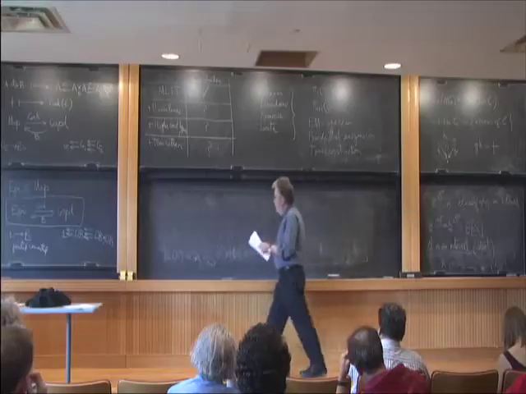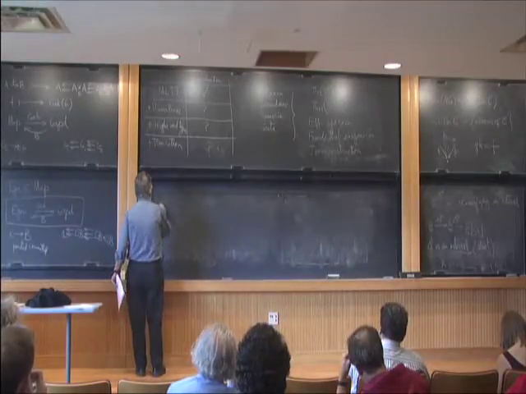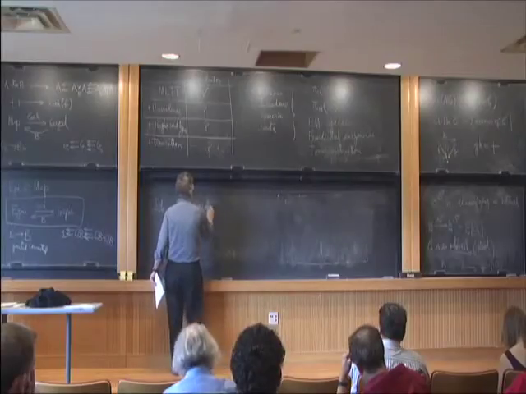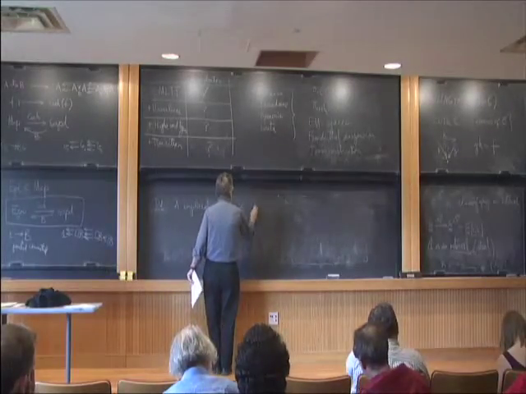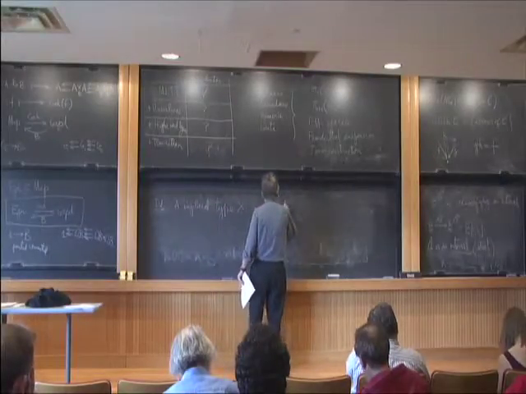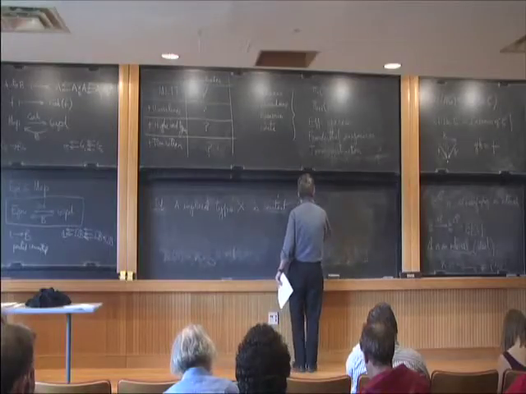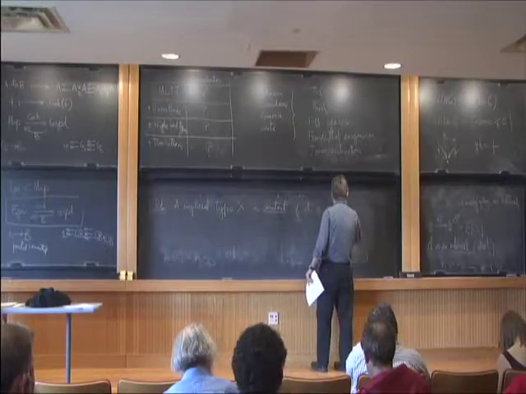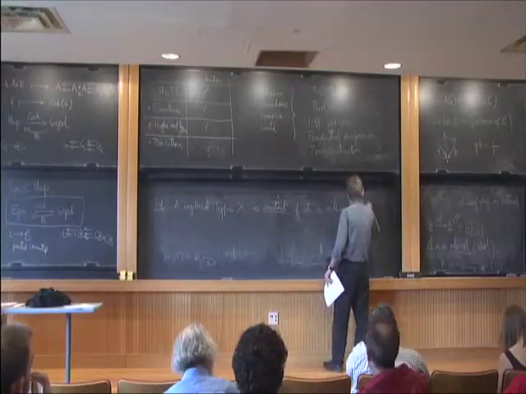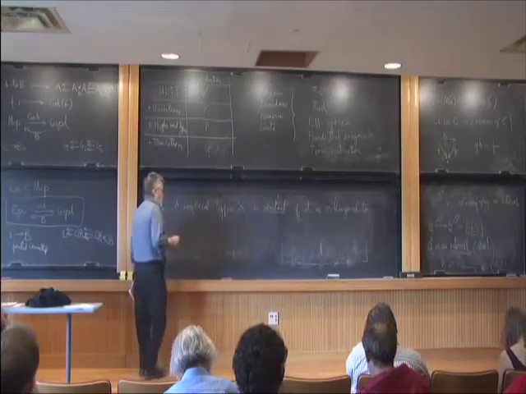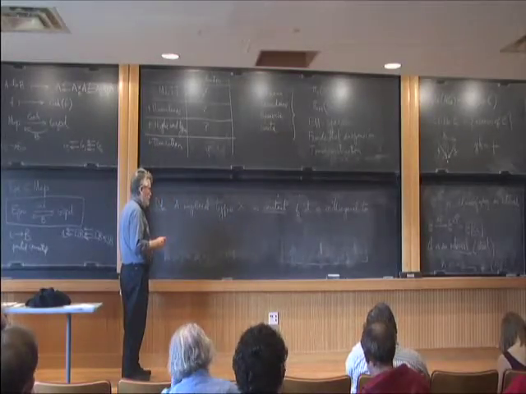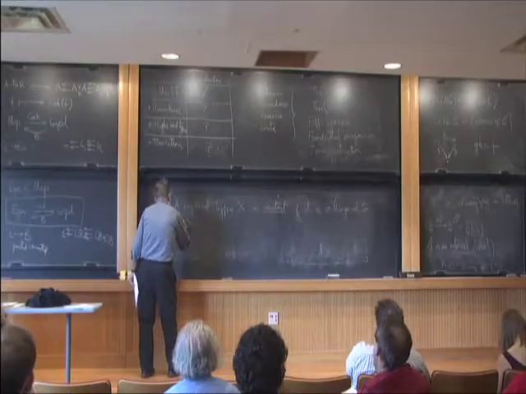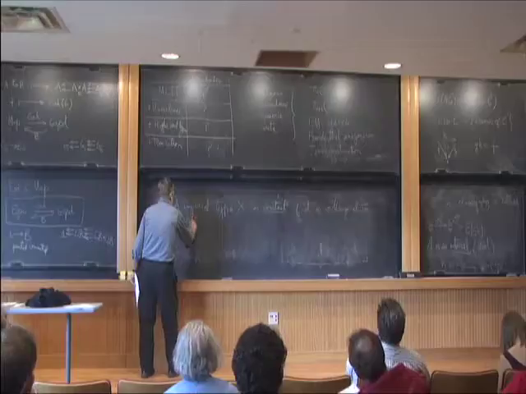So one possibility is to say that, by definition, a simple type X is constant if it is orthogonal to, well, there are many possible conditions, but I believe, I have not completely checked this, but I think it would be enough to say just delta 1.